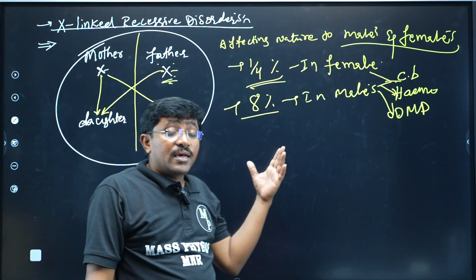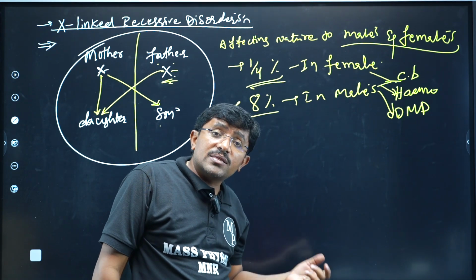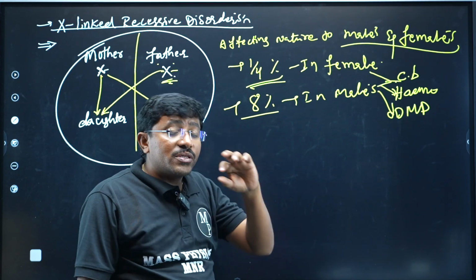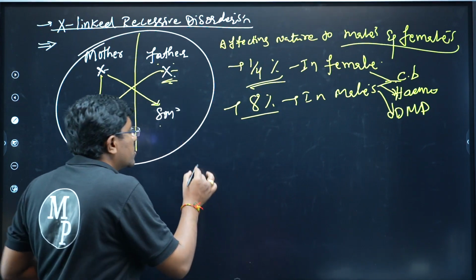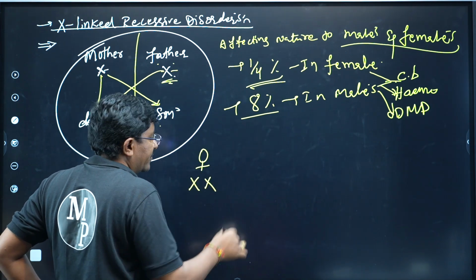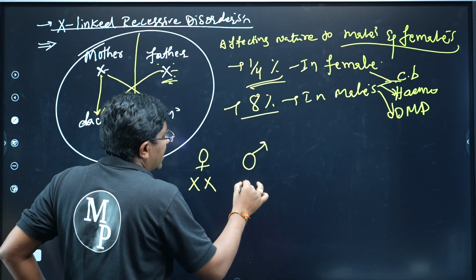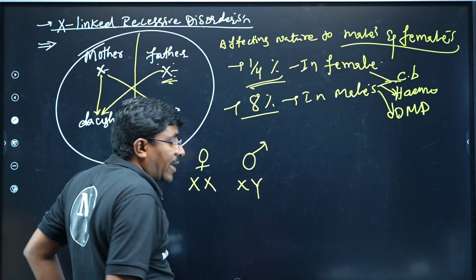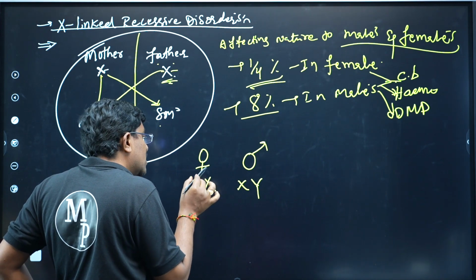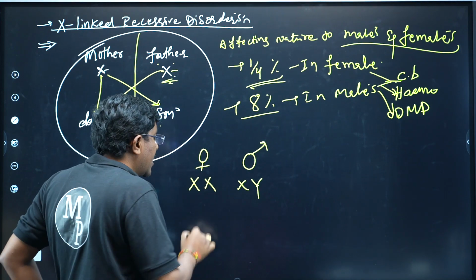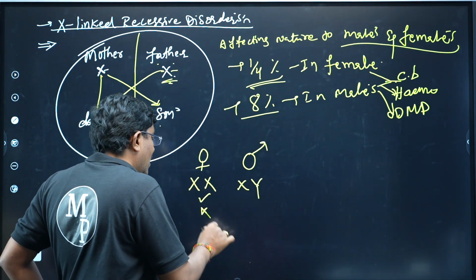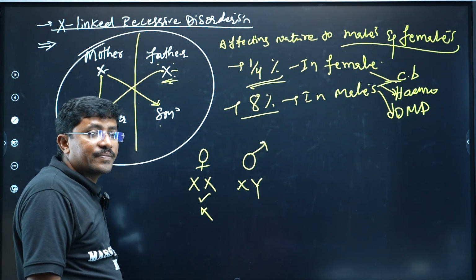In the recessive trait condition, compared with males, females are very less affected because these trait genes are present on the X chromosome. In female, what is the karyotype? X and X. Male karyotype? X and Y. So only when both X chromosomes carry the recessive trait will the female be affected, otherwise the female will be unaffected.